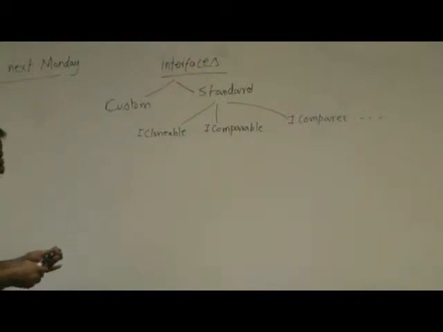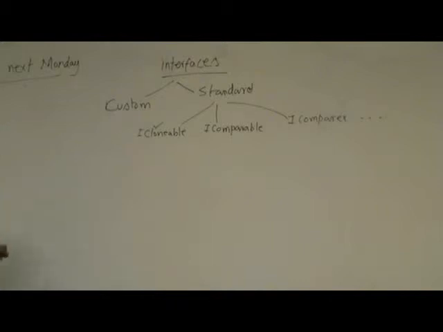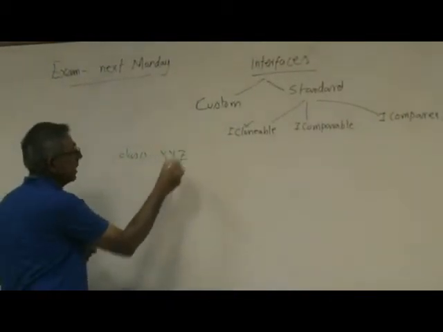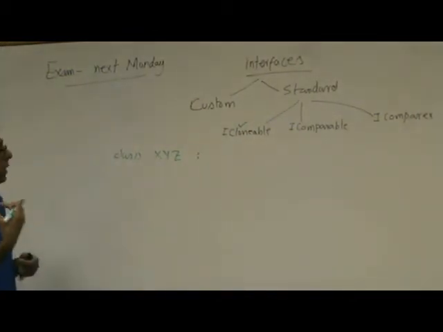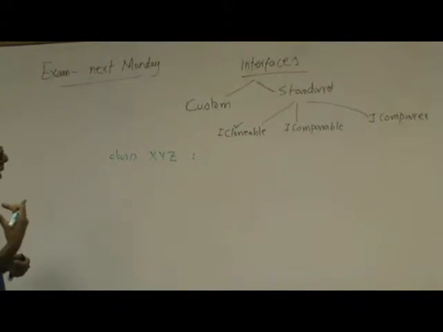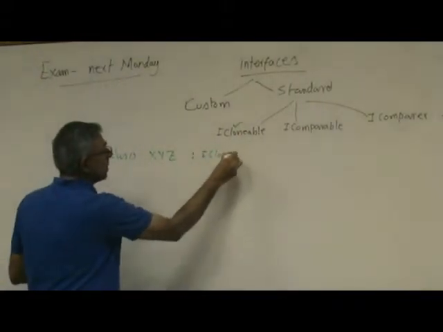So last time we looked at IClonable, and you saw that anytime you create a class, let's say XYZ, if you wanted to be able to make an in-memory copy of this particular class object, then you will implement IClonable, right?